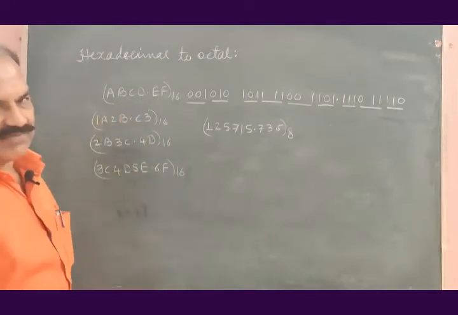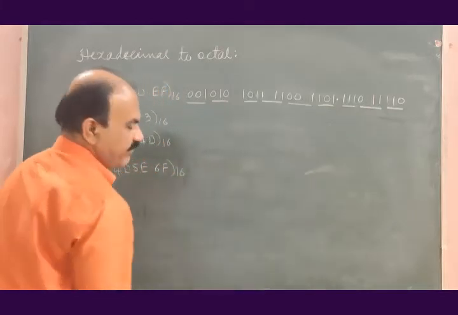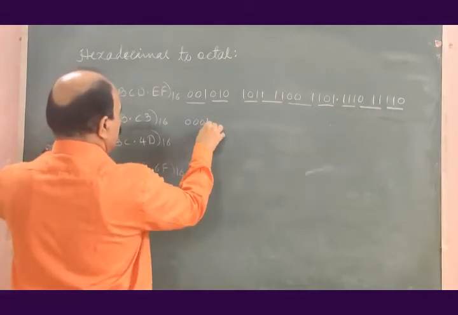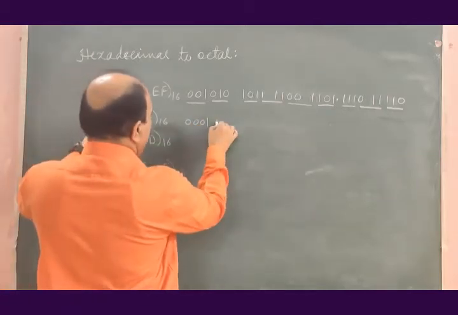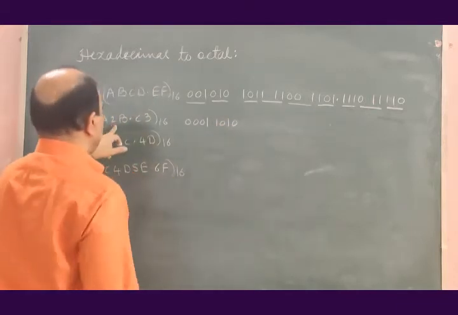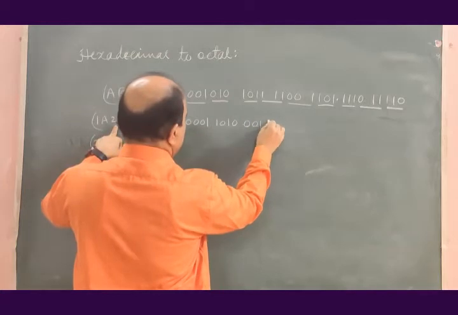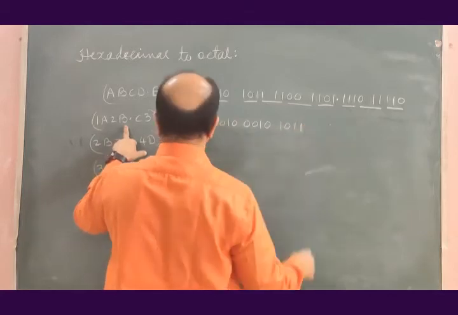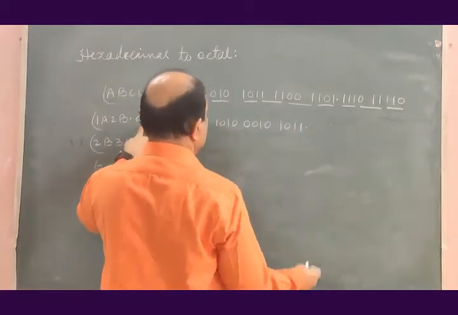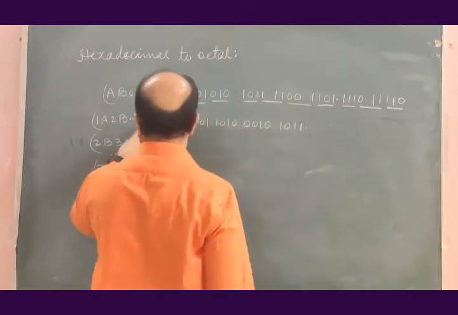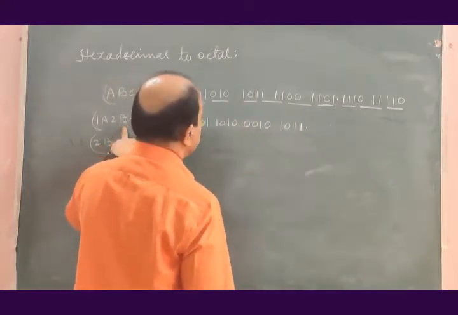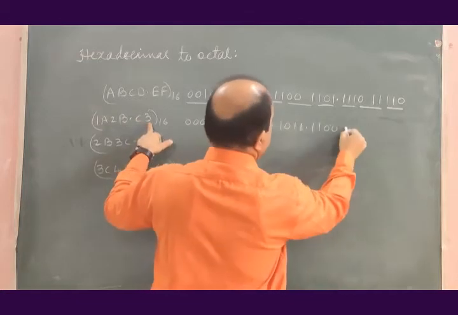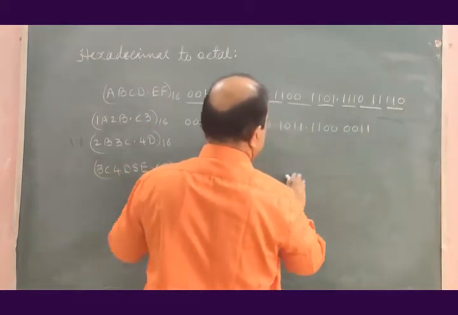Now let us go to the second one. 1 is 0001, A is 1010, 2 is 0010, B is 1011, C is 12, which is 1100, and 3 is 0011.